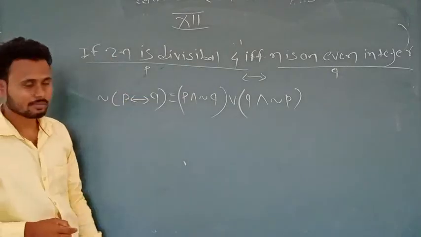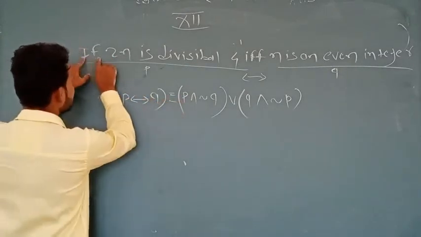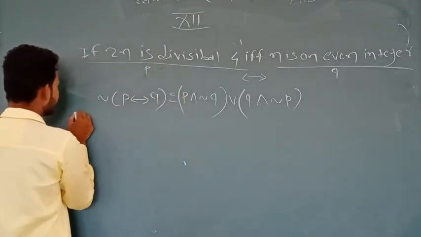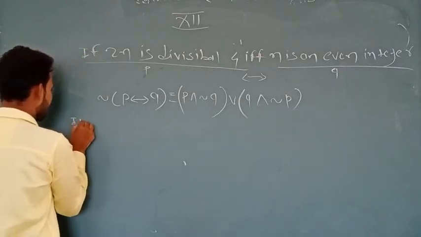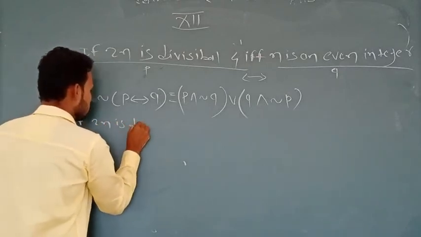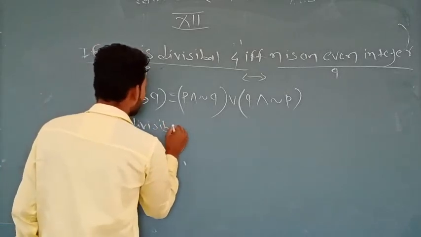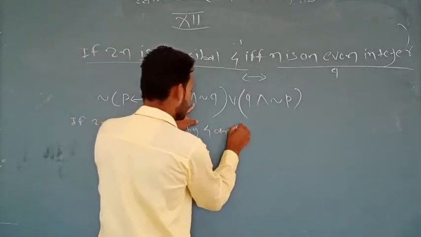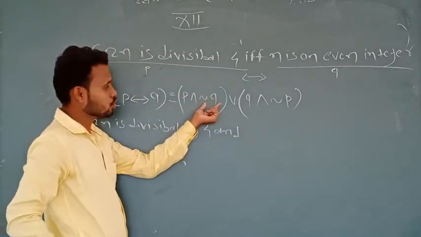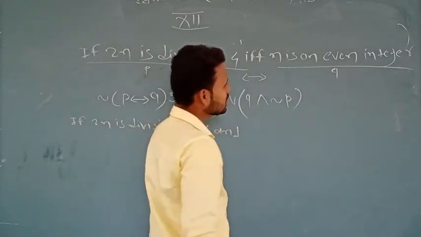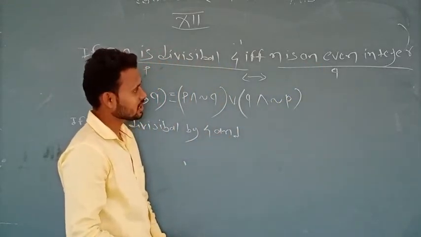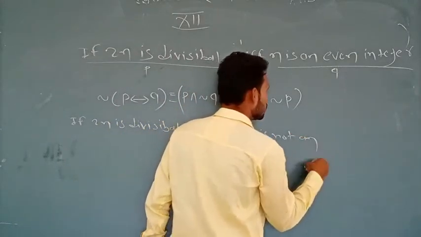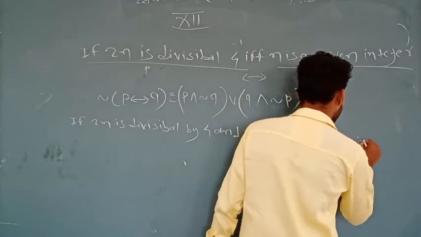Therefore, first P as it is: if 2n is divisible by 4, and with the negation of Q. The negation of n is an even integer is n is not an even integer.